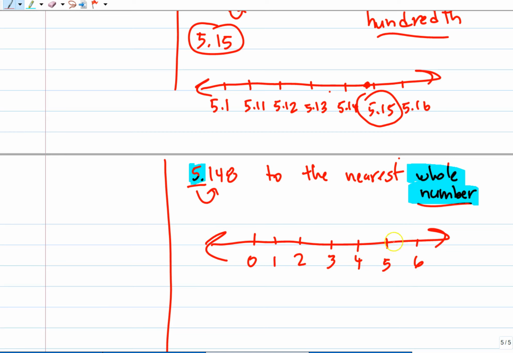Between 5 and 6, but closer to the 5. So when you round down, that 5 doesn't become a 4. There's no way the 4 is closer than the 5. So 5.148 would round to 5, and everything after it would round off. Or you could just write the answer as 5. Okay?